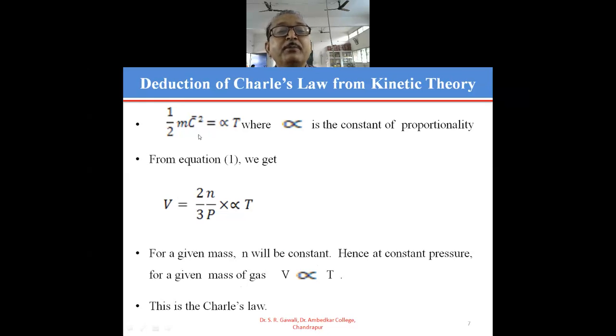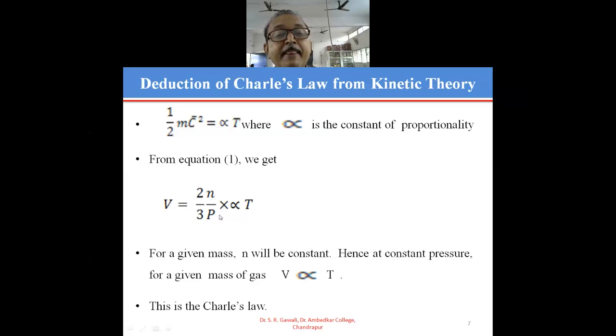We have removed the proportionality sign, and instead considered this proportionality constant as alpha, and therefore we can write this expression as 1 by 2 m into C bar square is equal to alpha into T. So, we will substitute this value of 1 by 2 m into C bar square in the previous expression, and therefore we get the equation number 1 as V is equal to 2 by 3 into n by P into alpha into T.